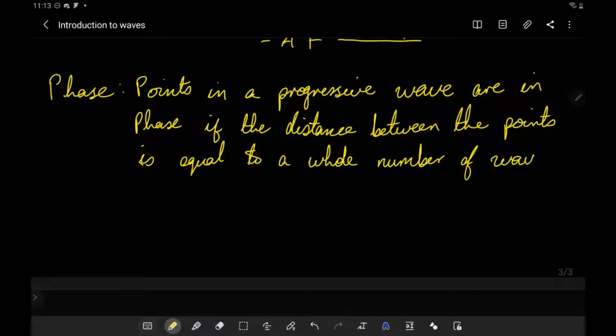You'll see just now what a wavelength is. A whole number of wavelengths, and we'll come back and define what we mean by this.